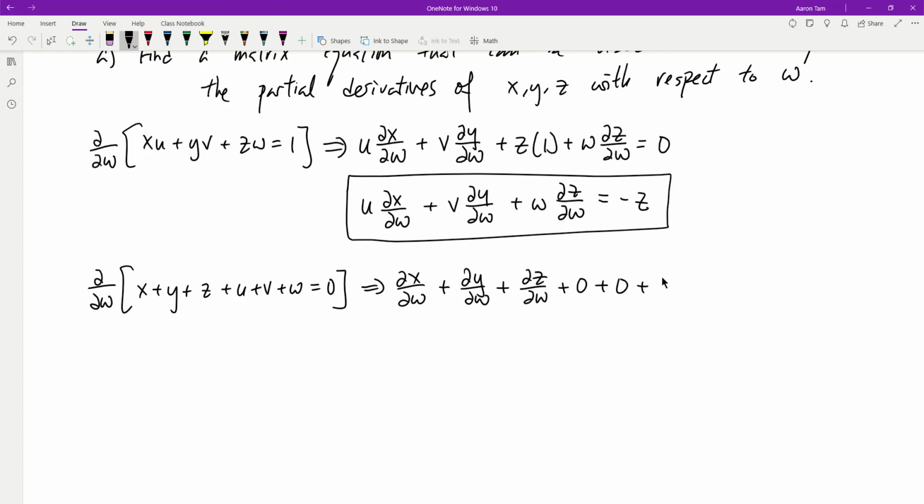And then w, when I differentiate with respect to w, becomes 1. Equal to the derivative of 0, which is obviously 0 on the other side. And so this comes out to be, the same thing, dx over dw plus dy over dw plus dz over dw equal to negative 1.